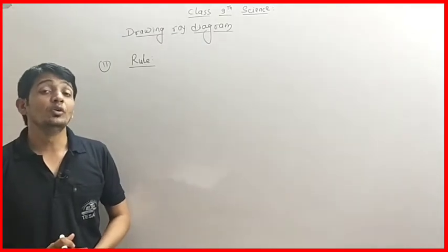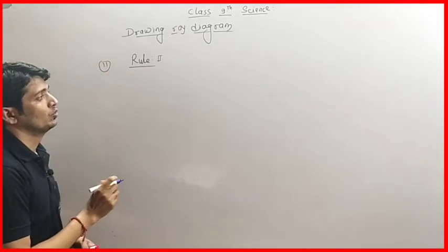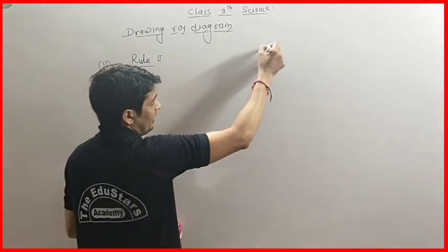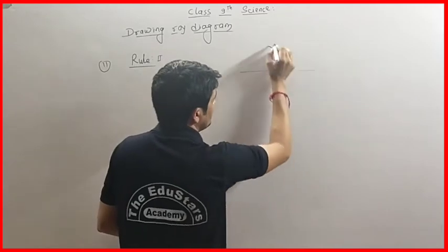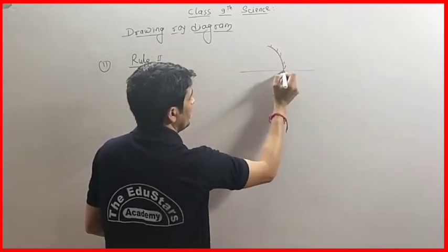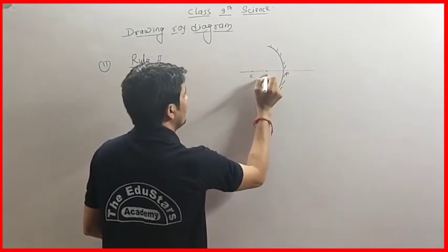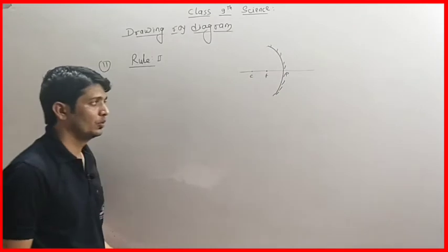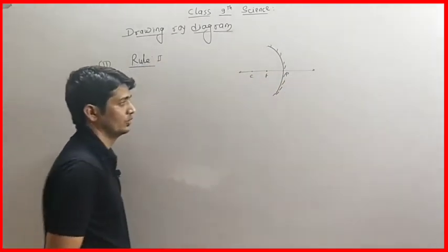Now we will understand rule number 2. So rule number 2 says, let this be the mirror, this is the principal axis, this is the pole, this is the center of curvature and the focus. We have to write the arrow also.